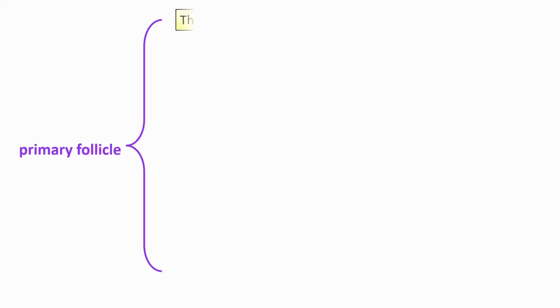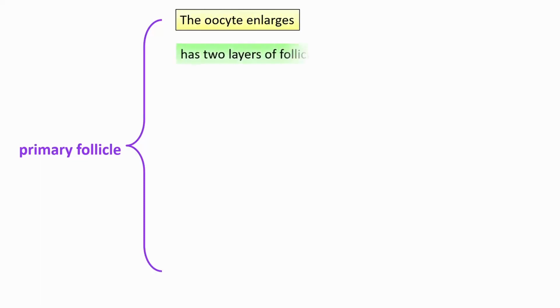Let us check our understanding of a primary follicle and why it has changed its name from primordial to primary. We have noticed essential basic facts, which are that the oocyte is getting larger and it starts to have more than one layer of follicular cells.